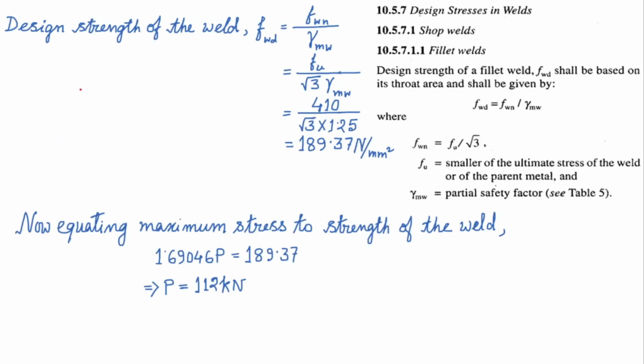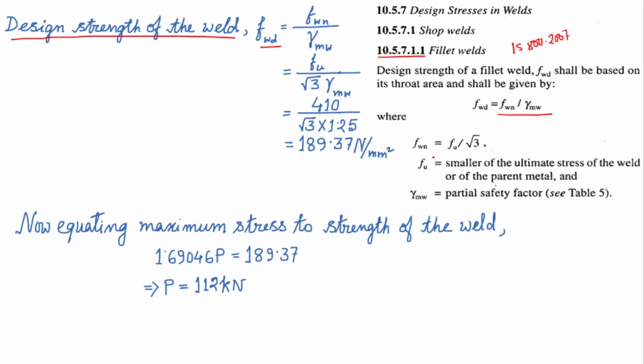Next, we have to calculate the design strength of the weld, which is FWD. It is given in clause 10.5.7.1.1 of IS 800-2007. FWD equals FWN by gamma MW.